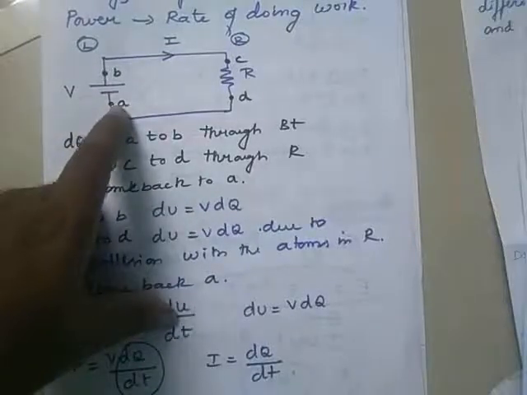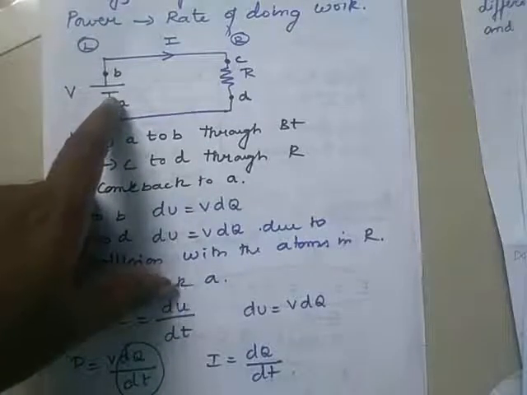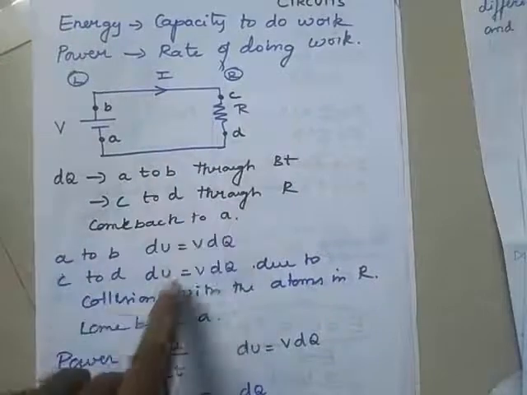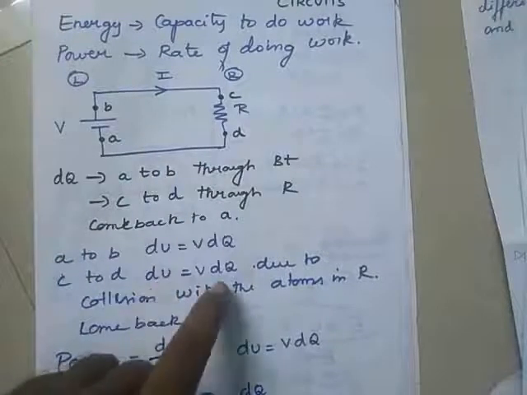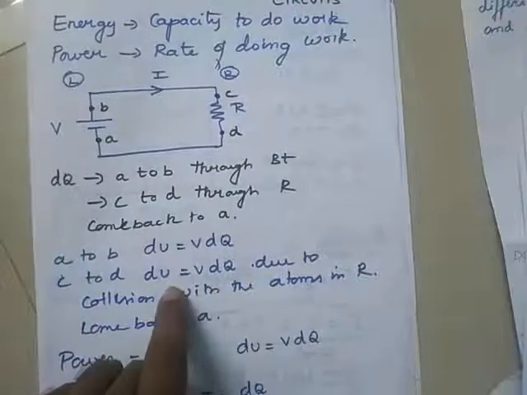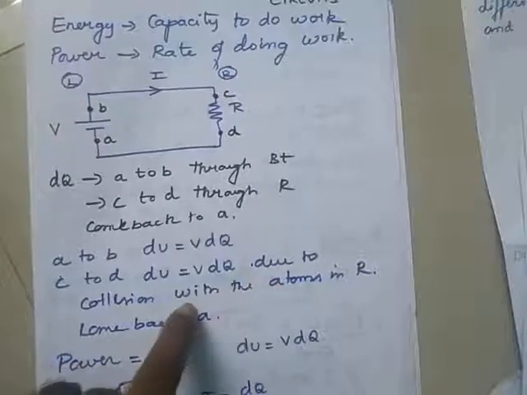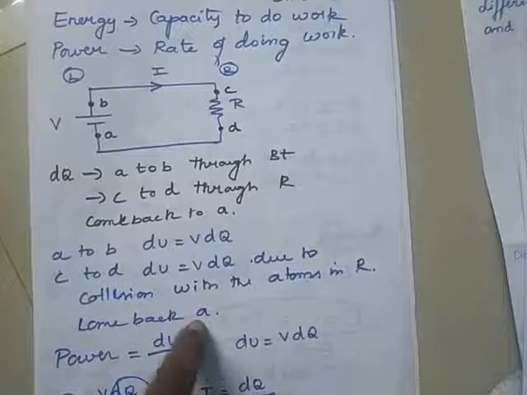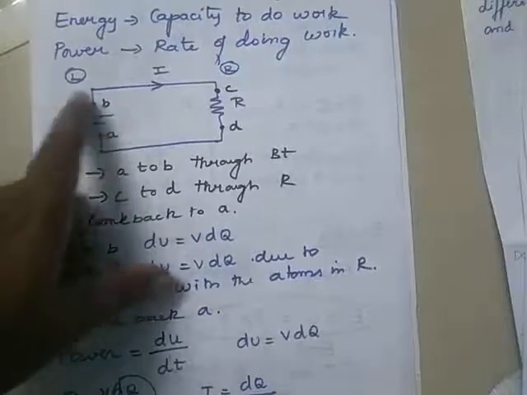At that instant the chemical energy of the battery decreases by the same amount. Then it moves from C to D. During that movement the gained potential energy is lost, this much potential energy is lost due to the collision with the atoms in the resistor. Then again it comes back to A, where the battery is connected.